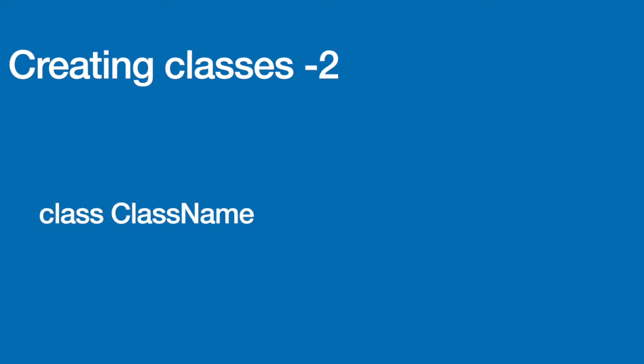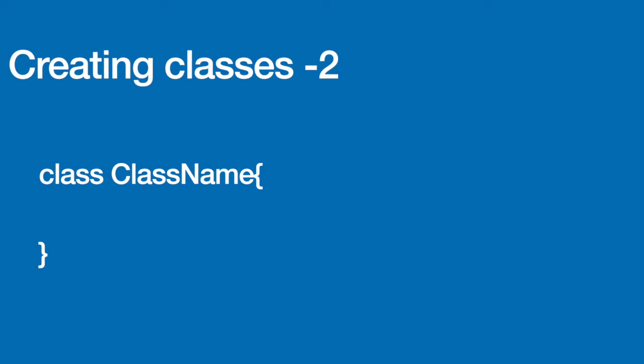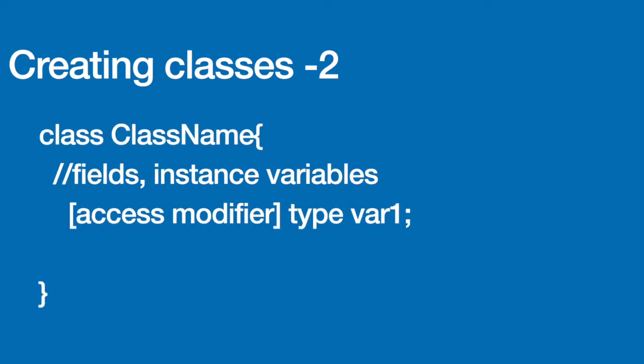So how do we create it? Here we have the word class in the beginning and then the class name. That is the way we define classes when we create the template. Then we follow them with opening and closing curly braces, and inside these curly braces we define fields or instance variables.